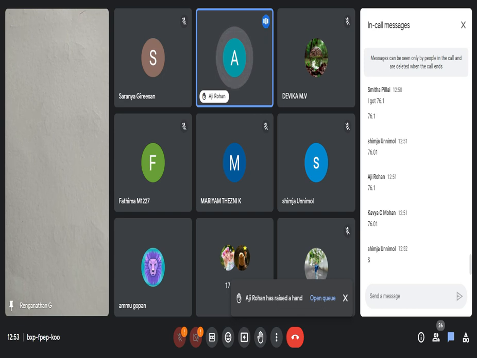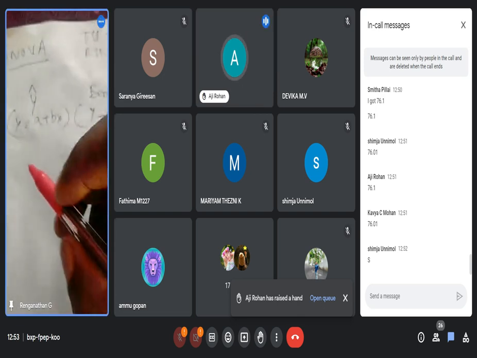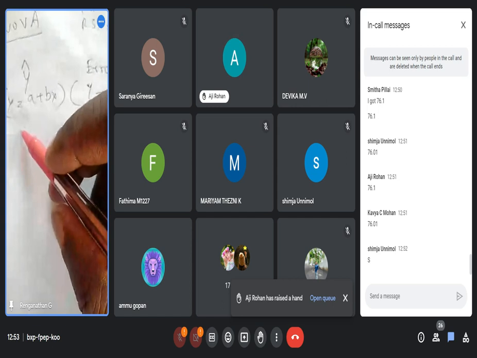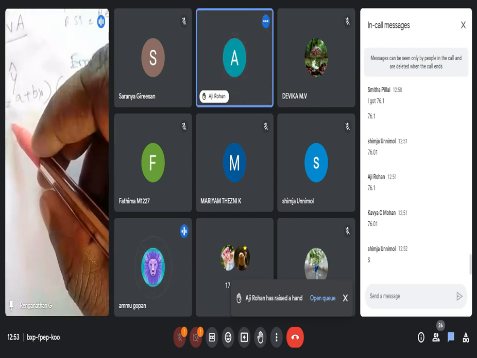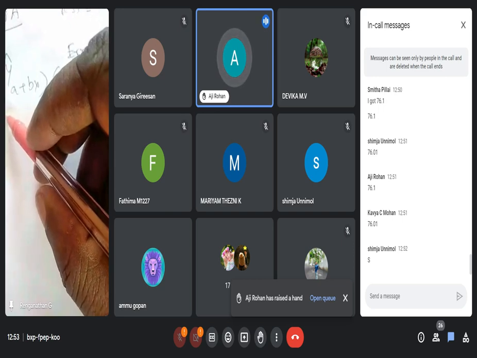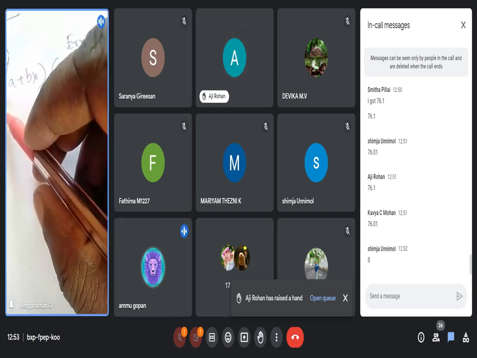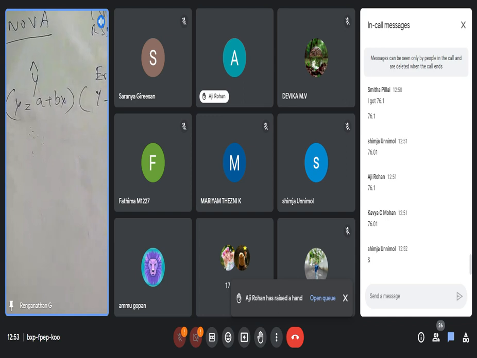Sir, for example, first, what is the y cap value? The first one would be 4.0358. 4.0358 minus the y mean value, which is 4.3, isn't it? Take the difference.